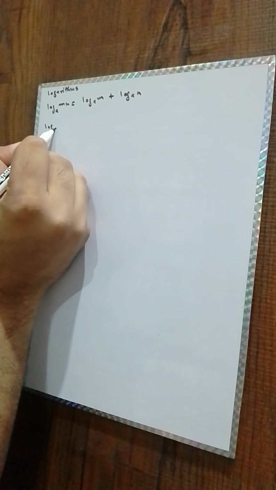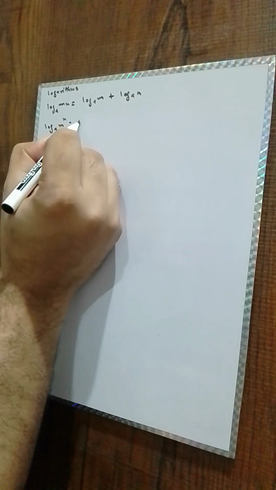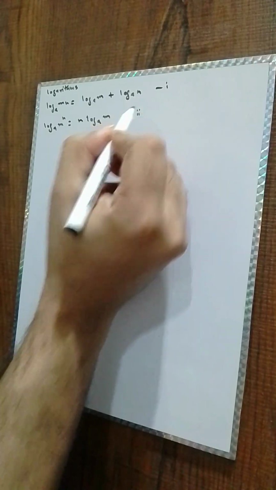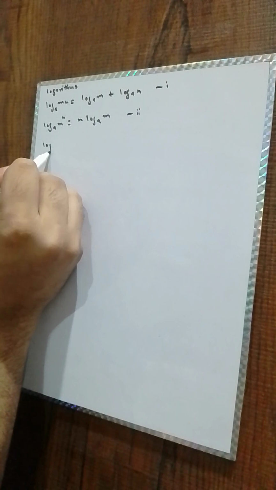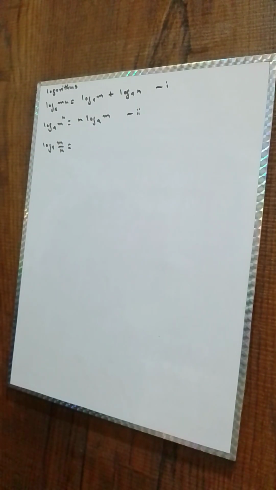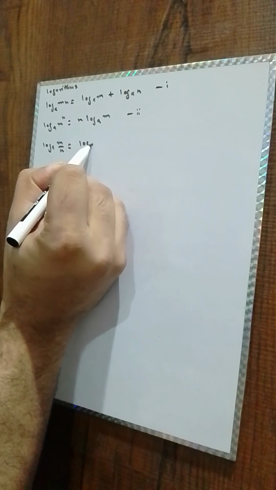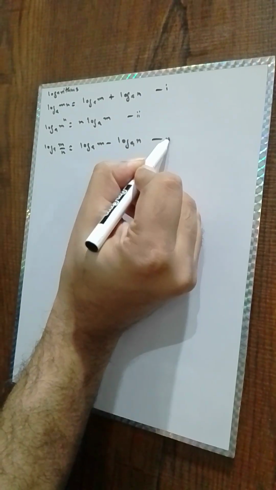And log base a of m to the power n is n times log base a of m. This is 1, this is 2, and then we have log base a of m by n, not difficult, just log base a of m minus log base a of n.